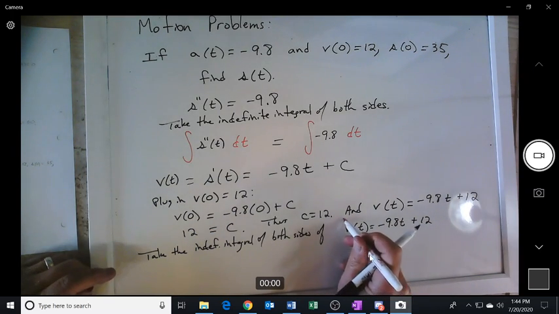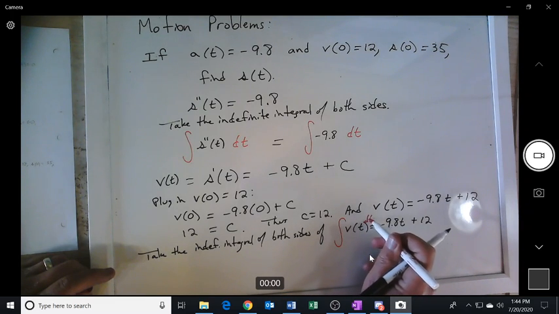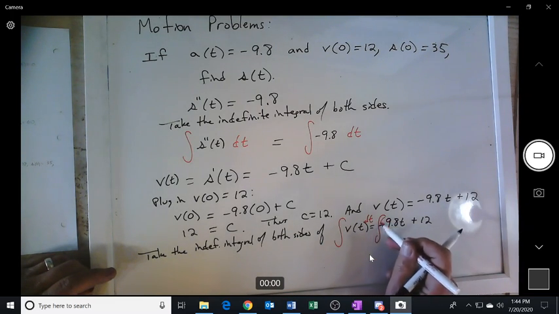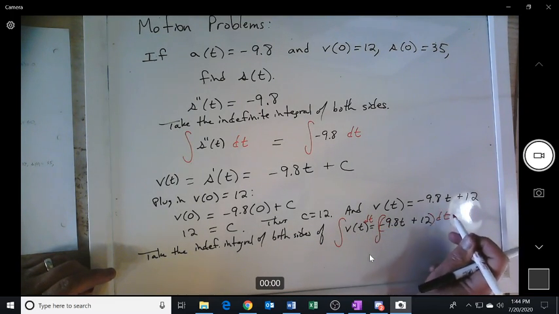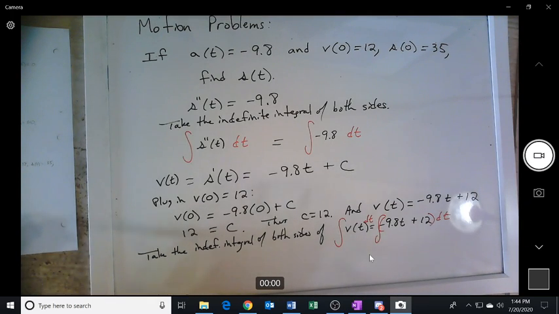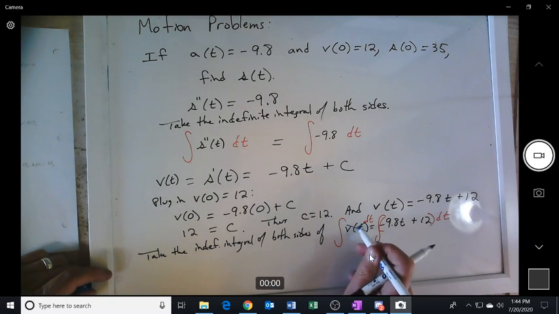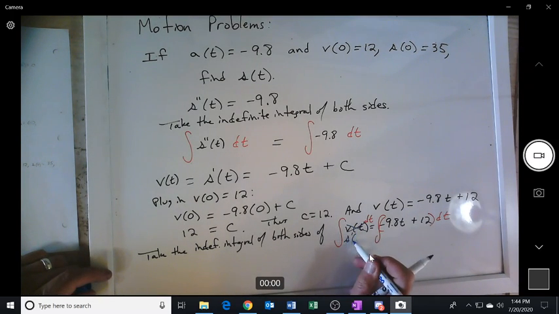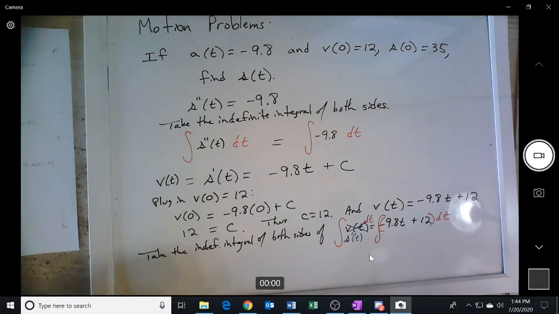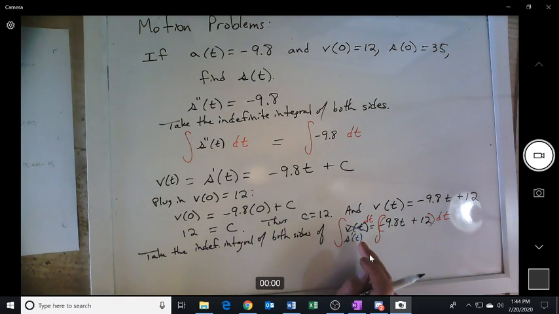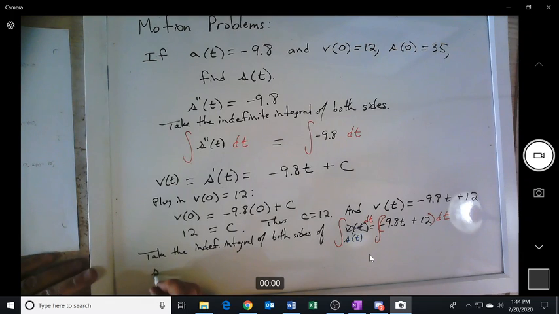And if I do, I get this. Now, I'm going to think of the v of t not as v of t though. It's really s prime of t. When I take the antiderivative of s prime, I'm going to get s.